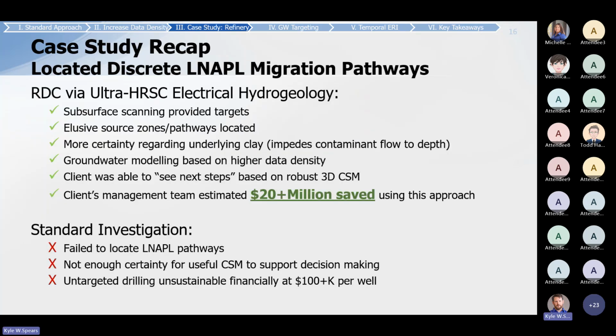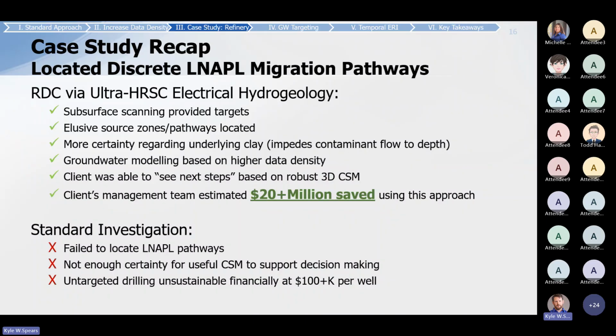So just to recap, the scanning gave them targets. It showed the elusive pathways, the paleo channels meandering for miles down gradient, hundreds of feet deep. Understanding that surface, that Permian red bed surface down below the Ogallala sediments, was a big win for the project team and the groundwater modeling team, which they're able to do based on that higher data density and the ability to see around the subsurface and not be limited to what you're seeing in the holes that you drill.